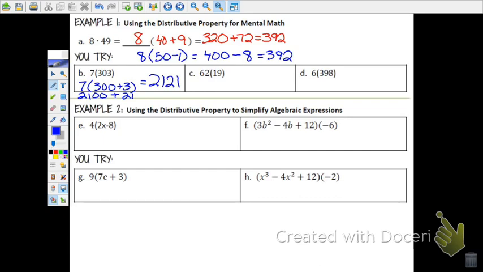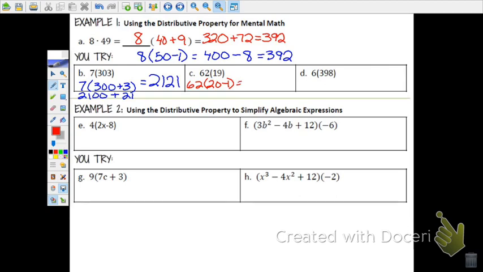With C, some of you used addition. This one, again, I would rather use subtraction and split using 20 minus 1. If I do 10 plus 9, I would need to be able to multiply 62 times 9 in my head. Not sure that everybody would be able to do that.